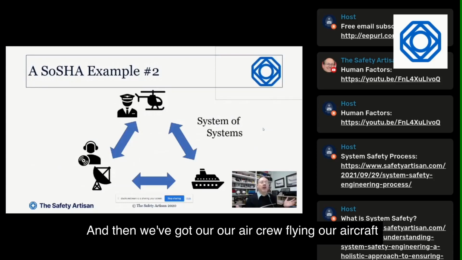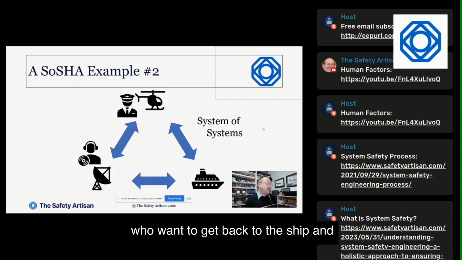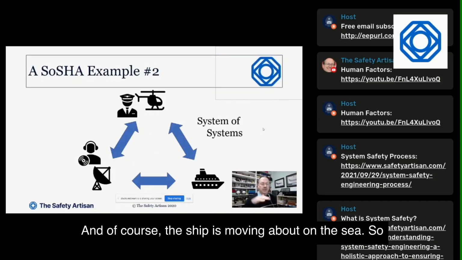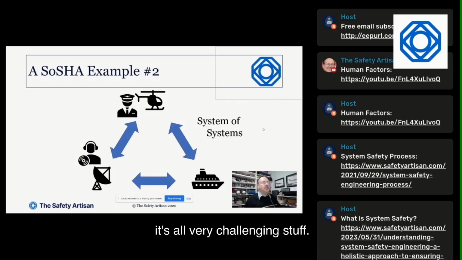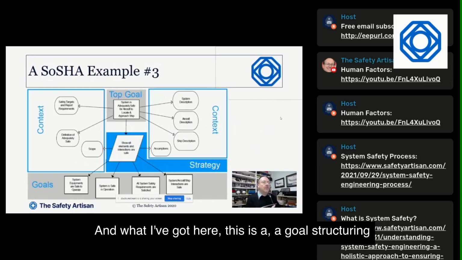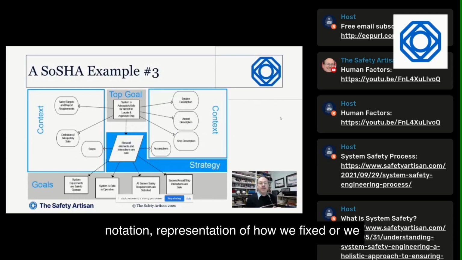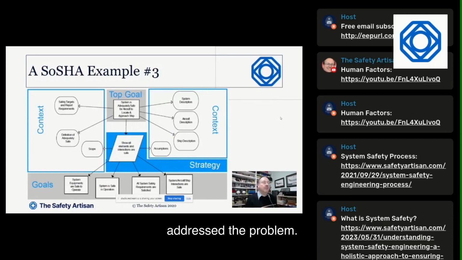And then we've got our aircrew flying our aircraft who want to get back to the ship and land on it safely in bad weather. And of course, the ship is moving about on the sea, so it's all very challenging stuff. And what I've got here is a goal structuring notation presentation of how we addressed the problem.